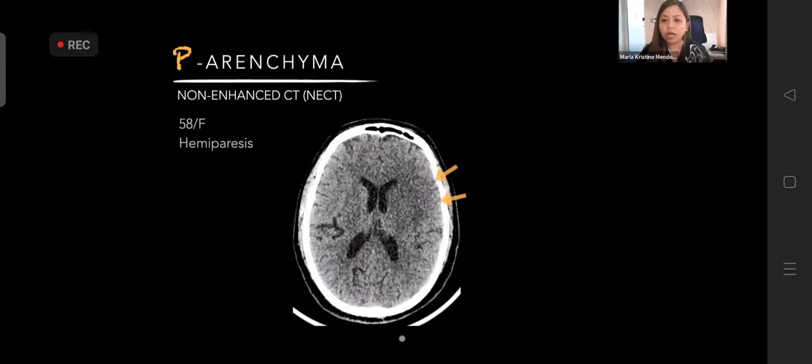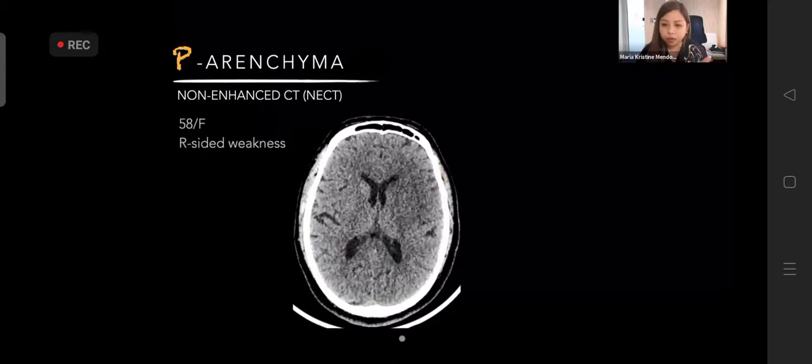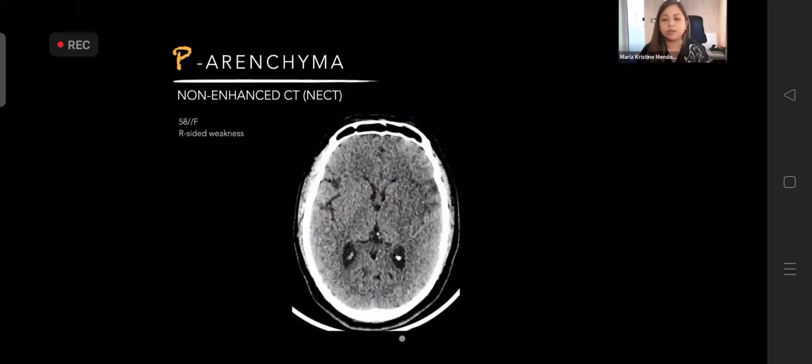And as we go further down and evaluate the cortex, because as I've said, infarction affects both the cortex and, of course, the white matter, we can see that the hypodensity extends into the cortex, even in the more inferior images.